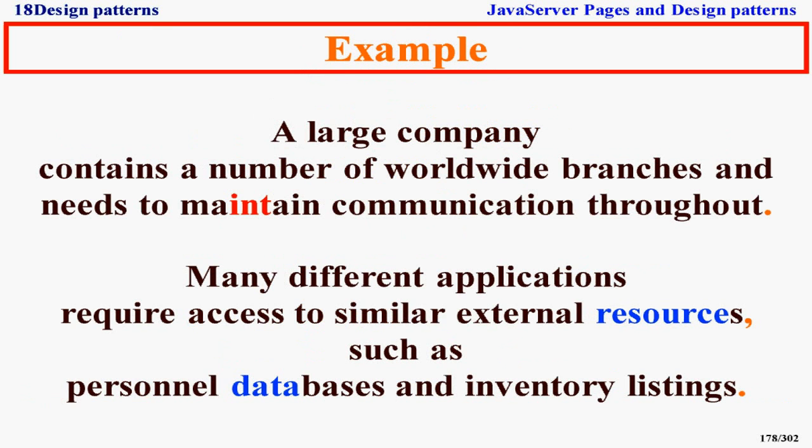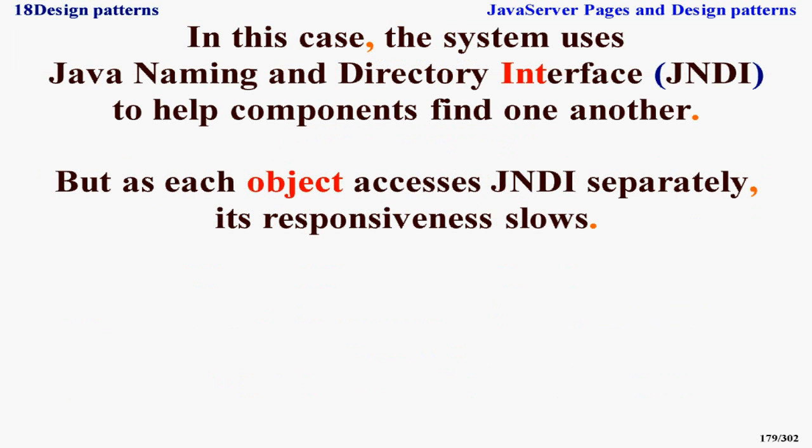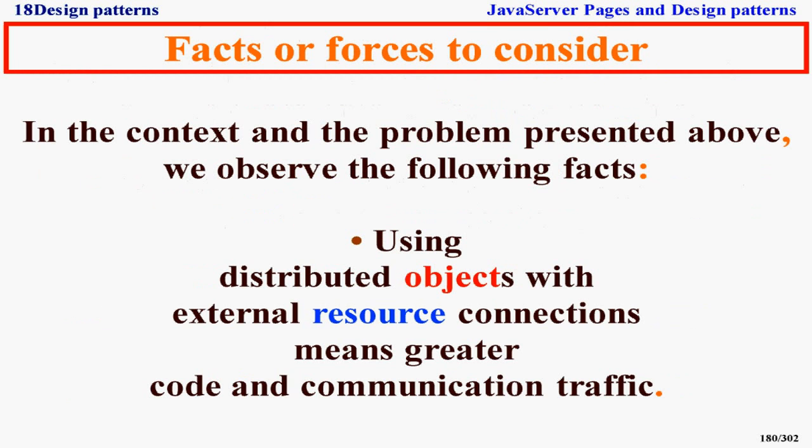Many different applications require access to similar external resources, such as personnel databases and inventory listings. In this case, the system uses Java Naming and Directory Interface (JNDI) to help components find one another. But as each object accesses JNDI separately, its responsiveness slows.